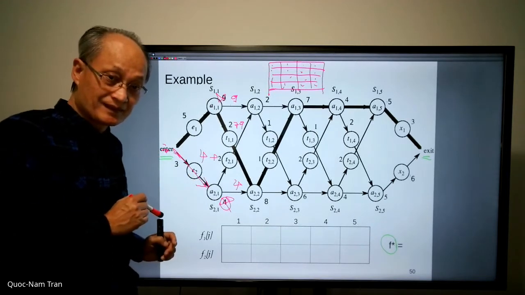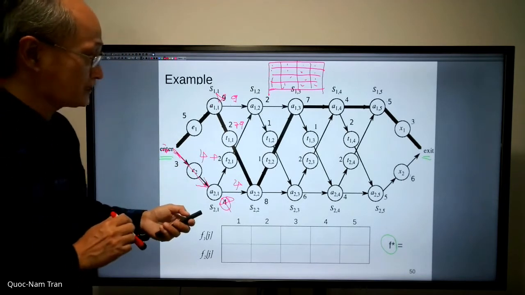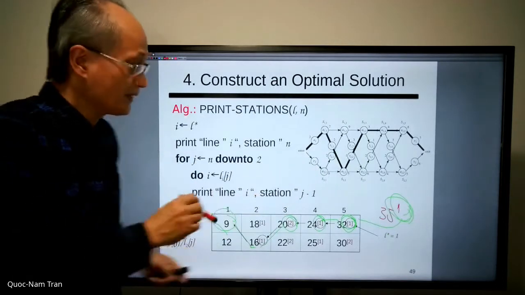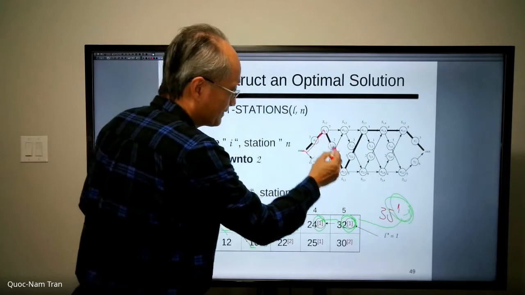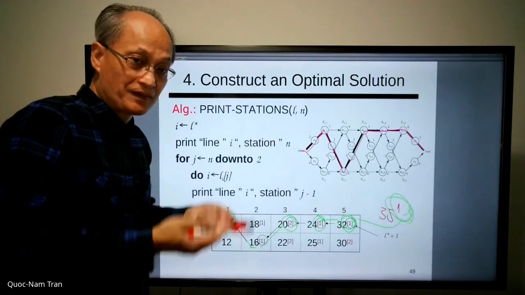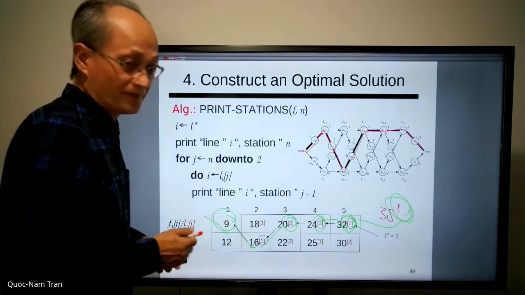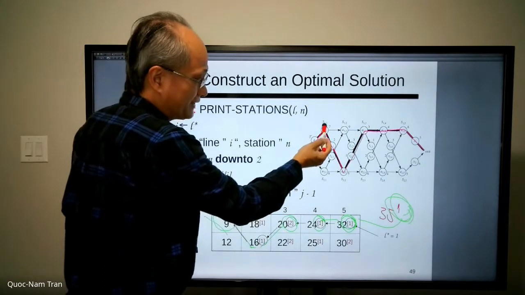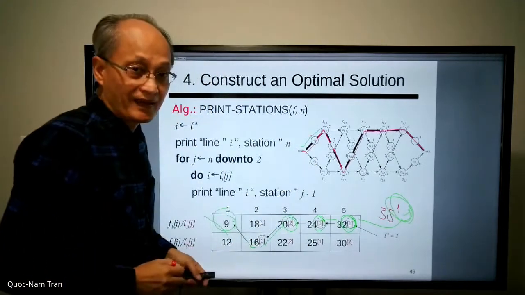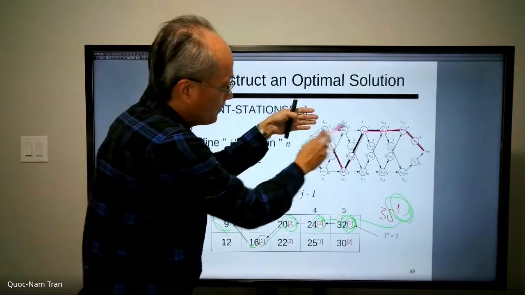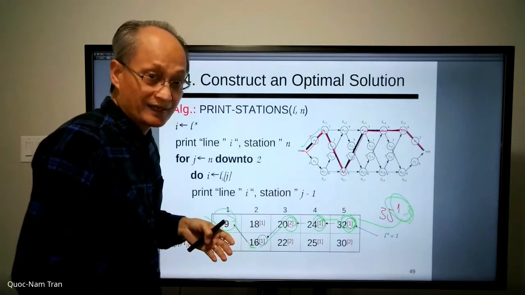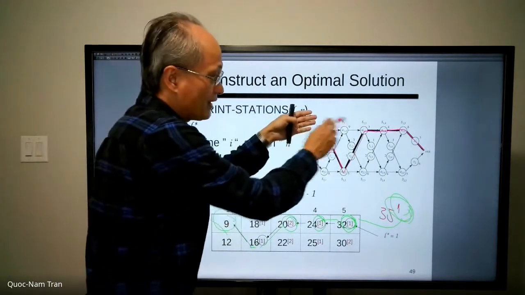Let me backtrack to the previous example. We already know that here is the shortcut path, but if we follow Dijkstra, what will we have? We have the smallest one, and now we have to check all possible adjacent nodes.